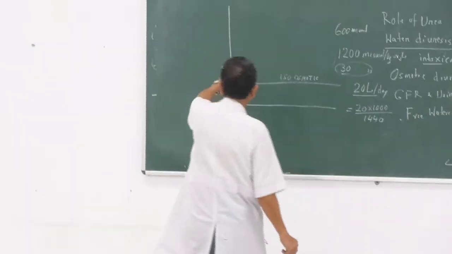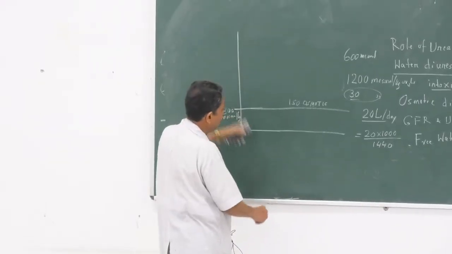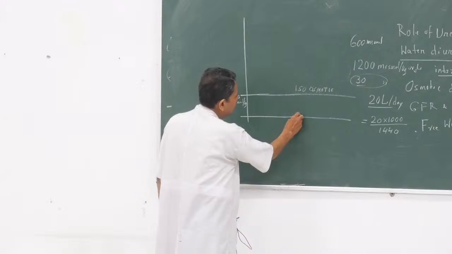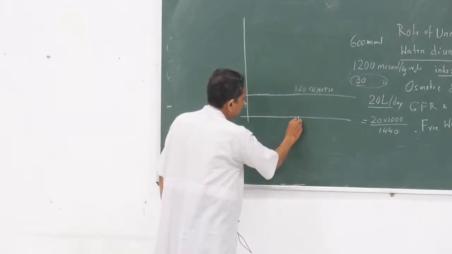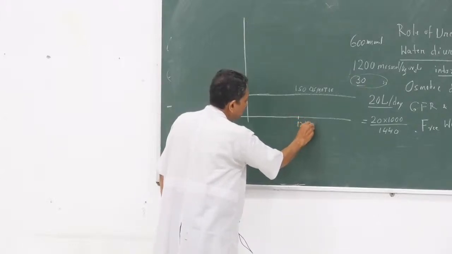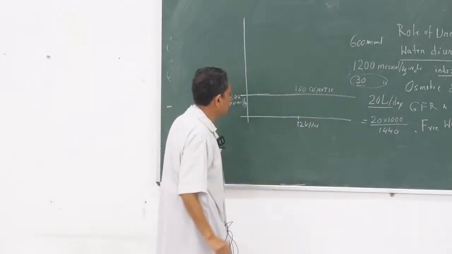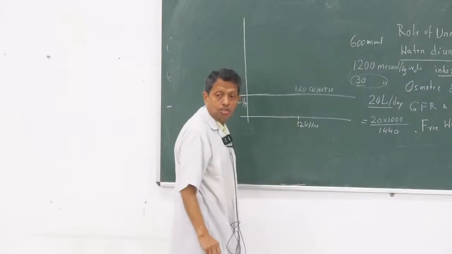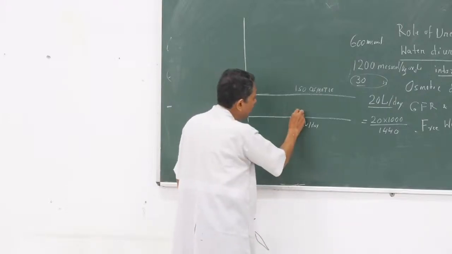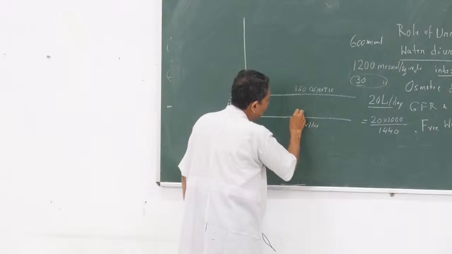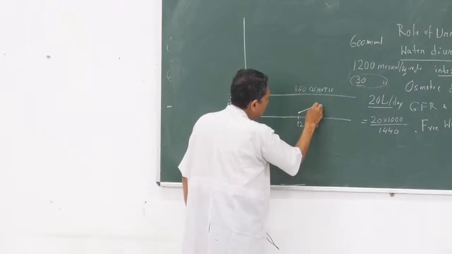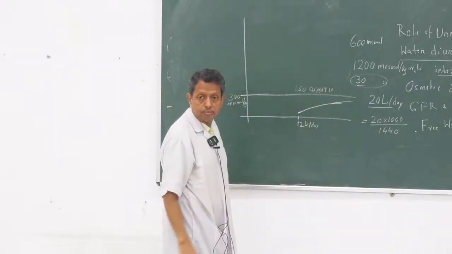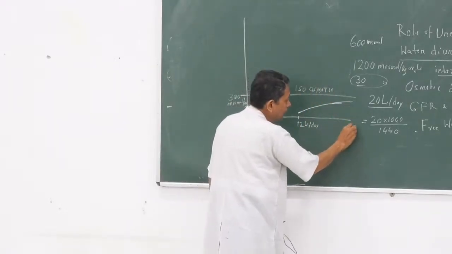This abscissa is the osmolarity, and this is the flow rate. Suppose in case of diabetes insipidus, 12 liter per day if you consider. Normally its concentration is low, below 60 or so, and its concentration will increase along with the flow rate. Suppose it is 21 liter per day.